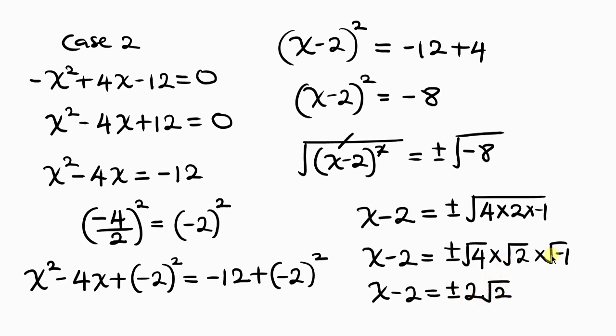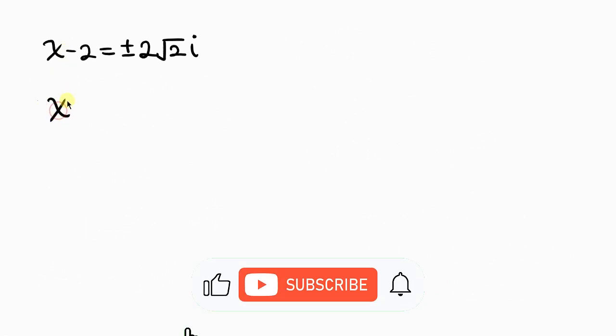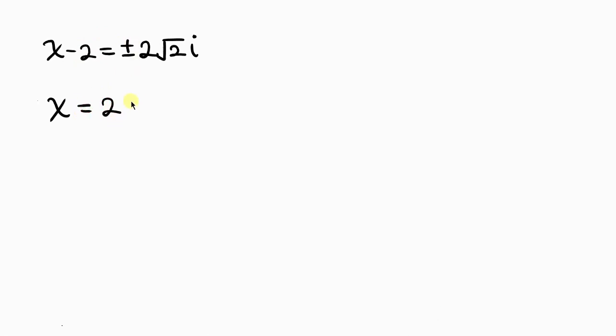And now the square root of negative 1 is iota. So it's going to be i. Very good. Now our next step will be for us to move negative 2 to the right hand side. So we have x. As negative 2 crosses to the right, it becomes positive 2. And this is plus or minus 2 root 2i.